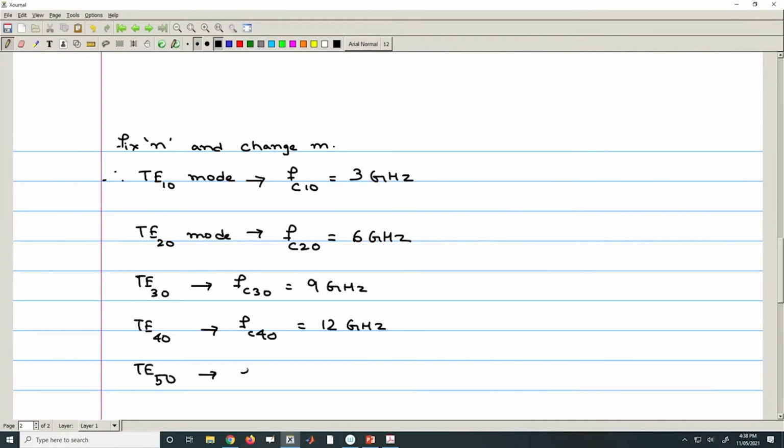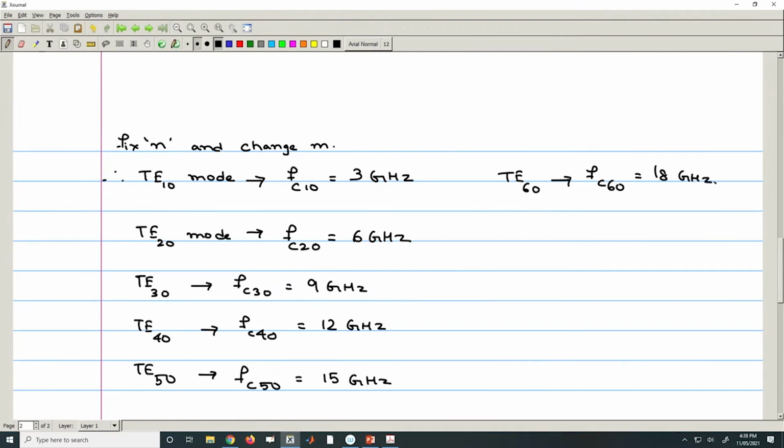TE50 we will have 15 gigahertz, and then for TE60 we will have 18 gigahertz. Okay.